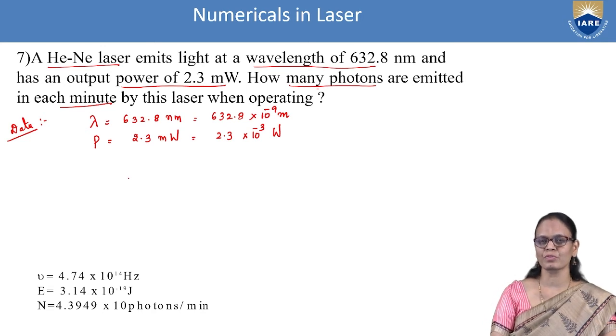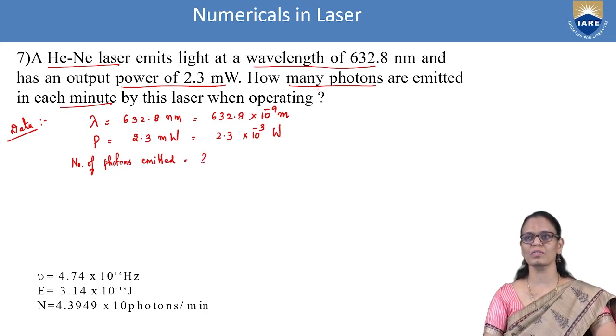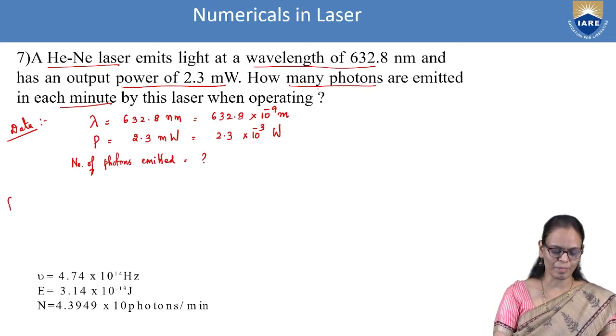So what we have to find is the number of photons emitted. What is the formula for the number of photons emitted? Let us write the formula.